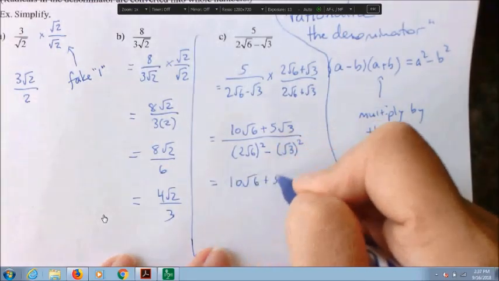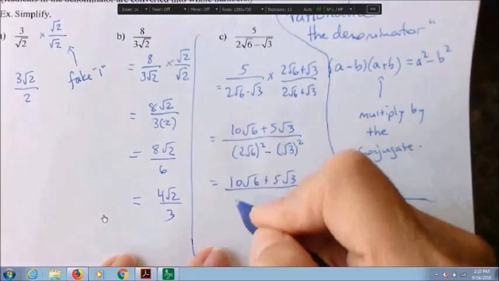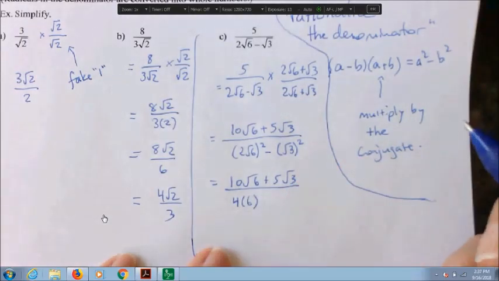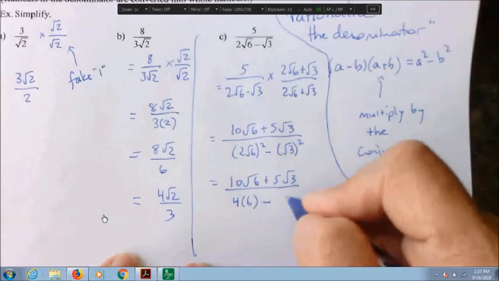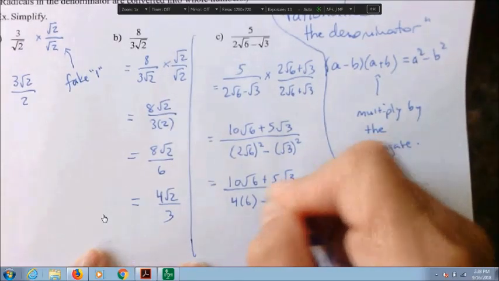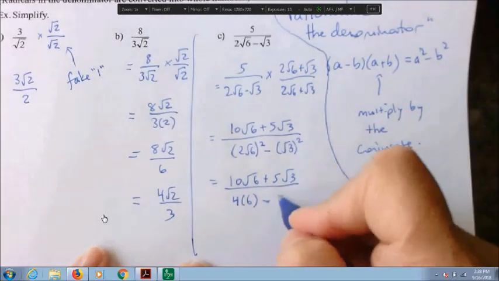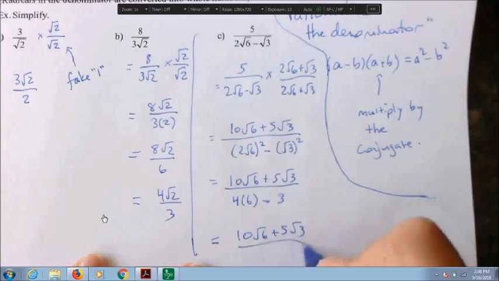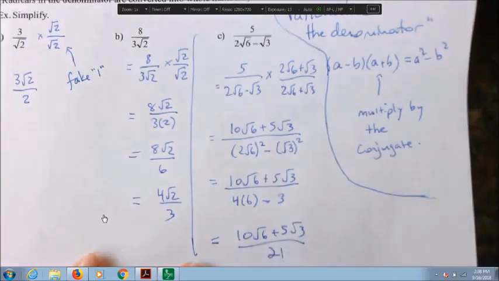So let's do that. 10 root 6 plus 5 root 3. And I have to square the 2, and I have to square the root 6. And then I have to square the root 3. So I'm going to have minus 3. And that's going to give me 10 root 6 plus 5 root 3 over 21.